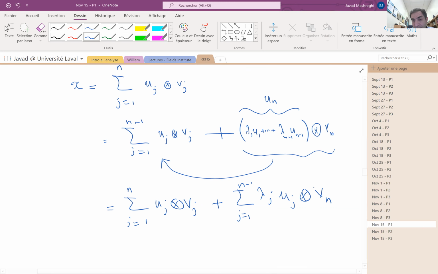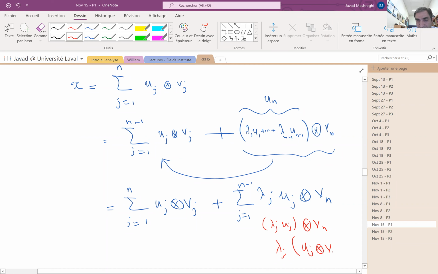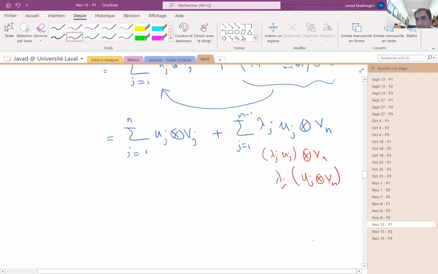And here it really doesn't matter if I put my parentheses like lambda j uj tensor vn, or lambda j times uj tensor vn. They are the same.